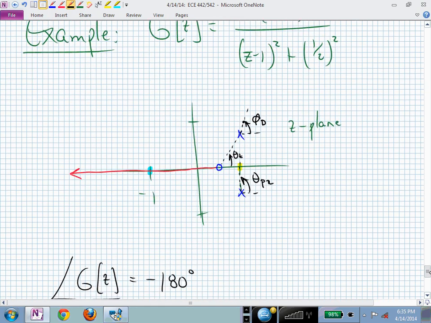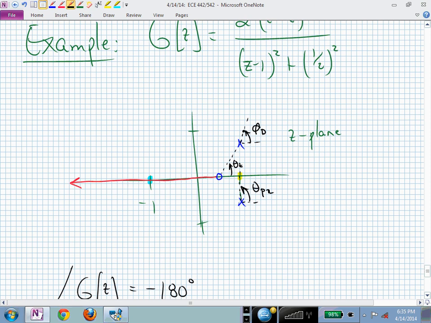That now tells me phi sub d, infinitesimally close to that pole, is moving away. The branch is moving away at an angle of 135 degrees. So I go 90 and 45 degrees more, and now I know the angle that I'm departing from. It's going up at 45 degrees from that point.